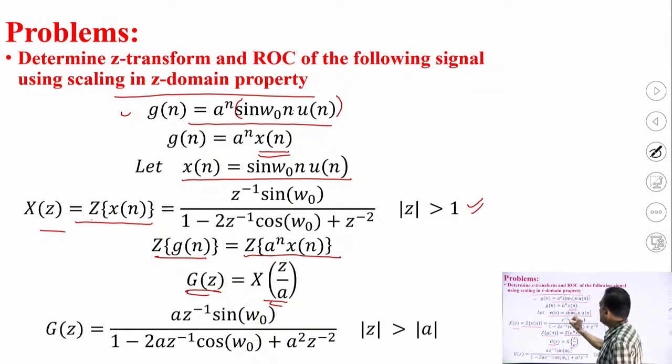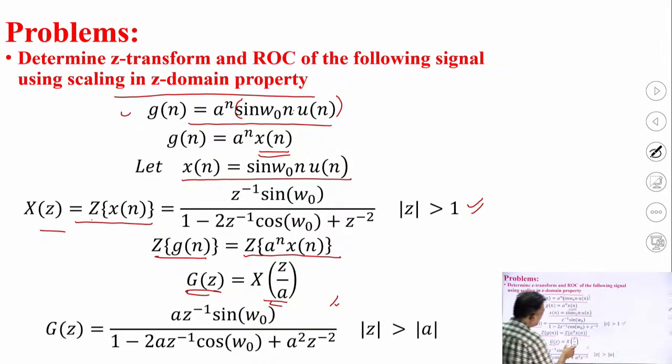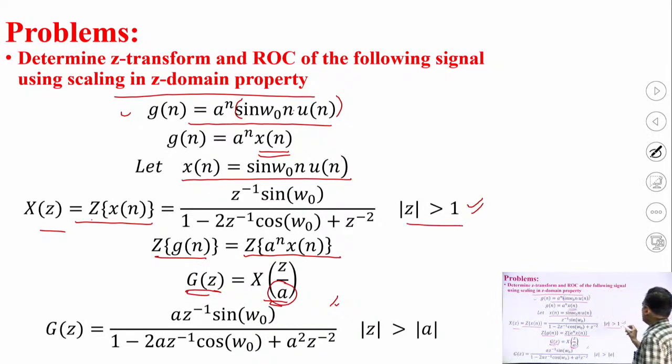So z by a inverse means a z inverse, and similarly z by a to the power minus 2 means a square z to the power minus 2, and here 2a z inverse will be there. Okay, so this is the term, and when we are scaling in the Z domain, the ROC will be multiplied by the scaling amount. So here the ROC was mod z greater than 1, and now we multiply by a, so the ROC will be mod z greater than mod of a.